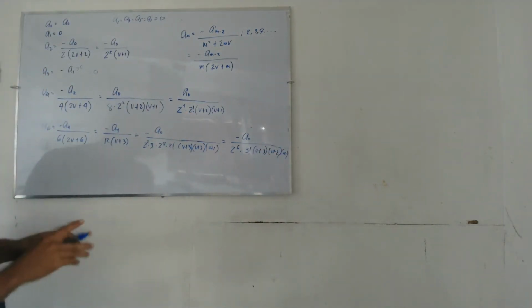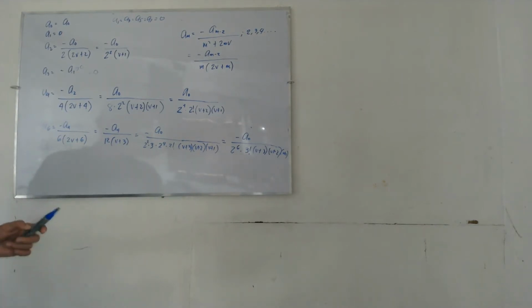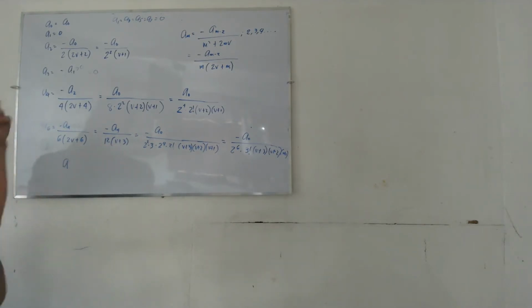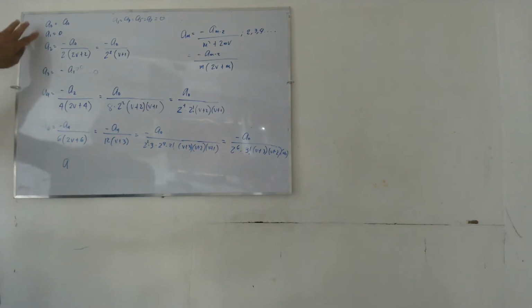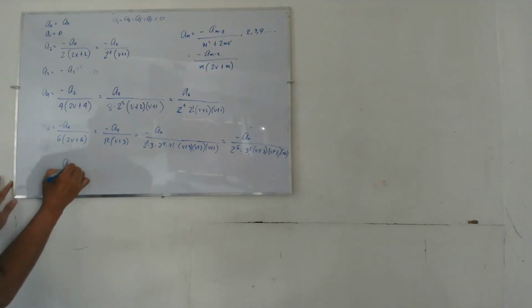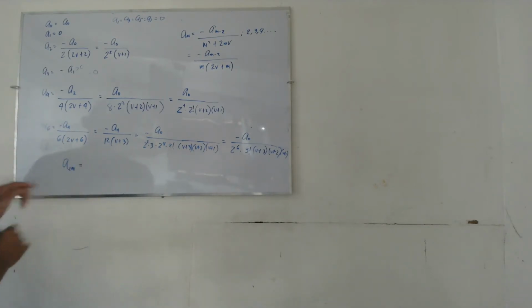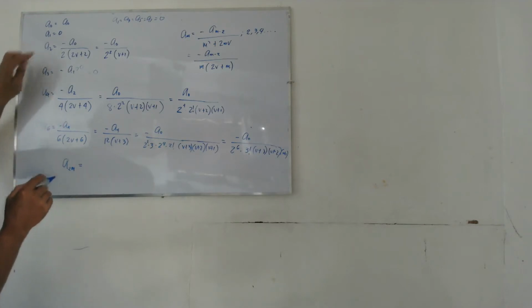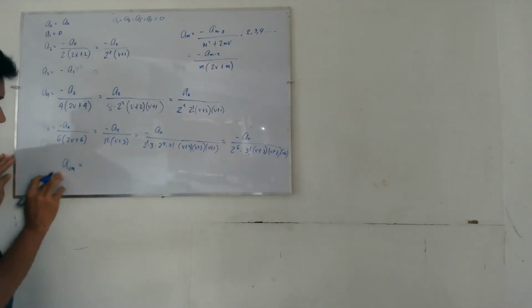So, we can now see the pattern, no? The pattern is, therefore, all the variable coefficients are even, so this becomes 2m. It doesn't matter about the odd ones. If you substitute directly, when m equals 0, it is A0; when m equals 1, it is 2. So just even m.